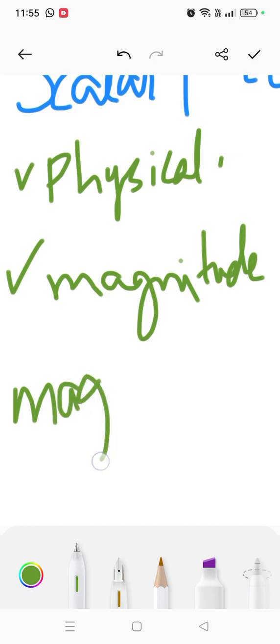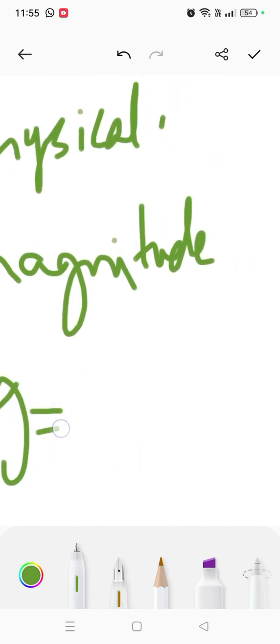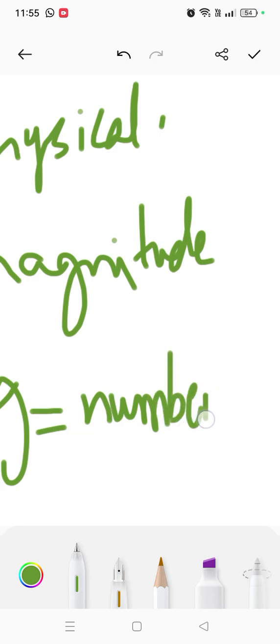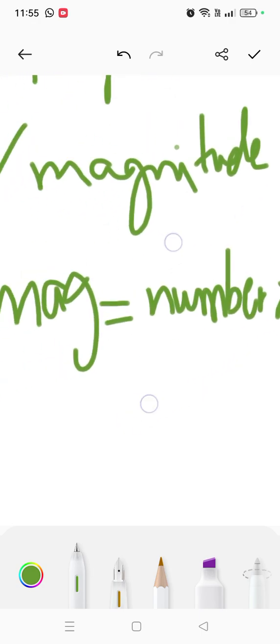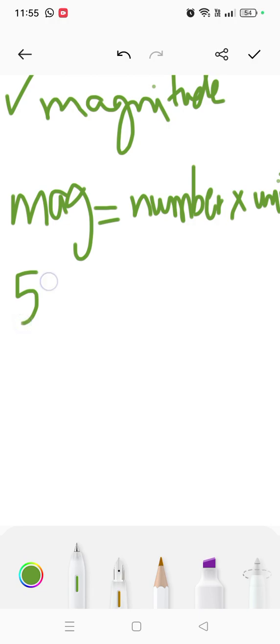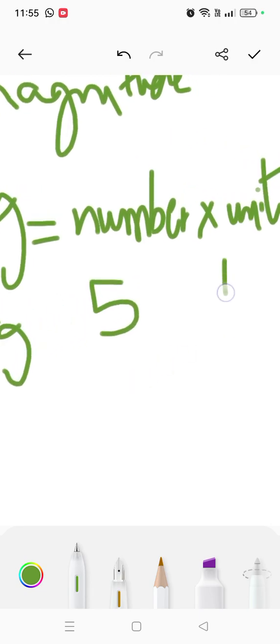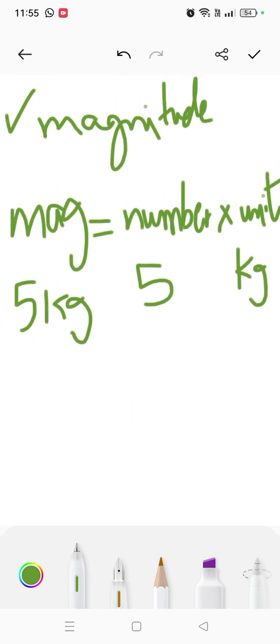So they are written as magnitude is equal to number into unit. What does this mean? This simply means if I'm just writing magnitude, for suppose 5 kg, here number is 5 and kg is a unit. Okay, so like this we will write. Specifically we don't have direction in this one.